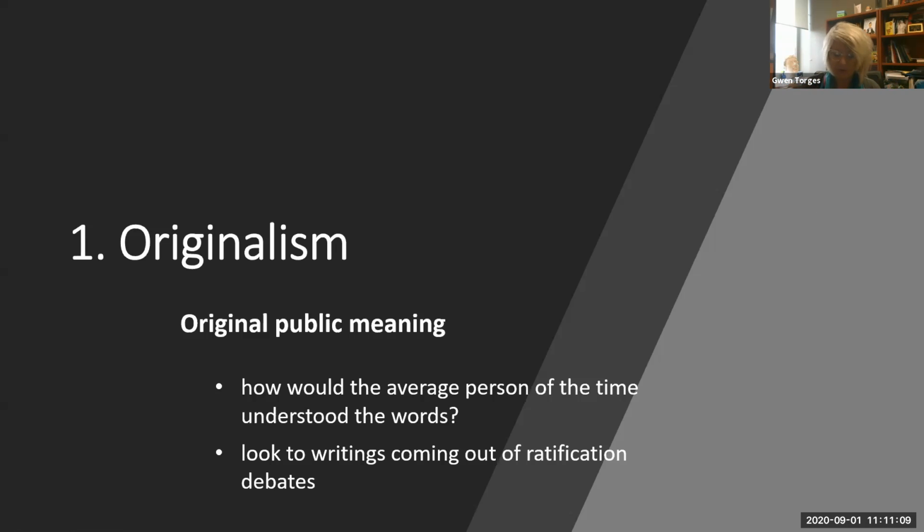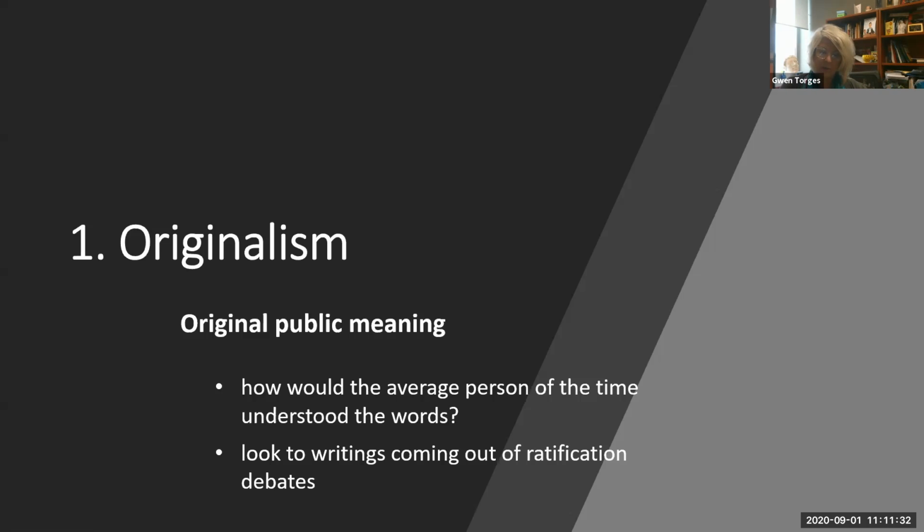So for original public meaning, in terms of where you look, you would look to maybe some of the writings that were done at the time of the ratification debates by regular people who weren't at the Constitutional Convention. The ratification debates were after the Constitution was written.